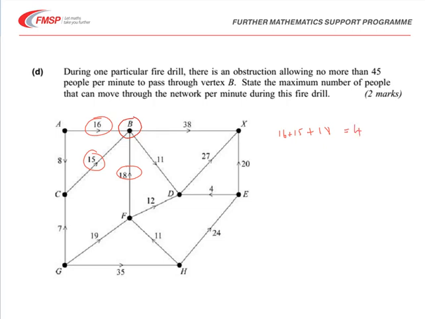So if we have a restriction there, which means that we can only put 45 through, then the difference between those is 4. So in other words, there's 4 fewer through that junction, and hence the total, or the maximum flow, is now 81 per minute.